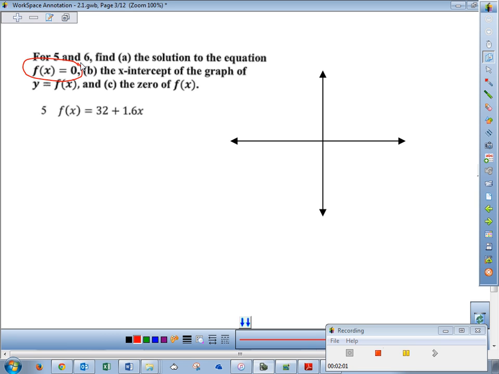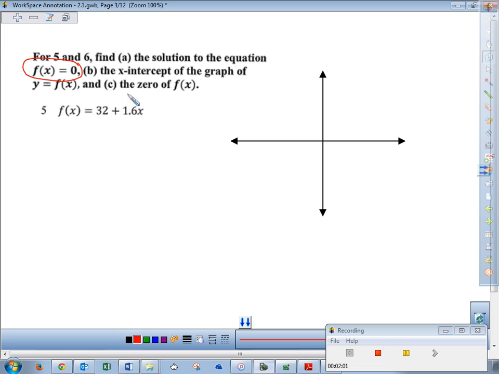Isn't the x-intercept when y equals 0 also, correct? And the 0 of the graph is when y equals 0. So we only have to do the work once, and that's our answer for all three questions. It's training you to realize the solutions, the x-intercepts, the zeros, and even the roots all mean the same thing.